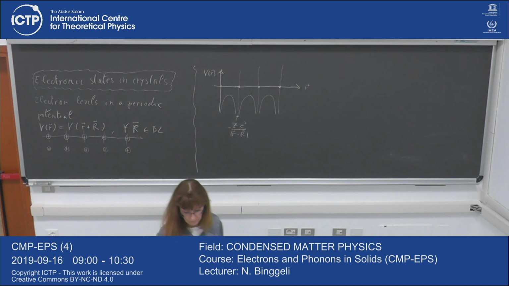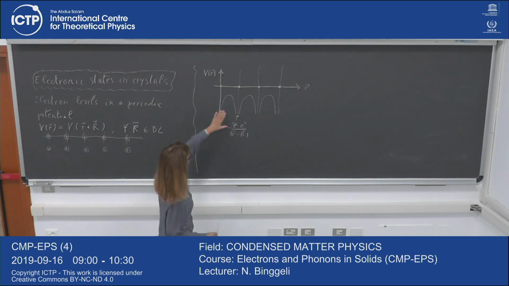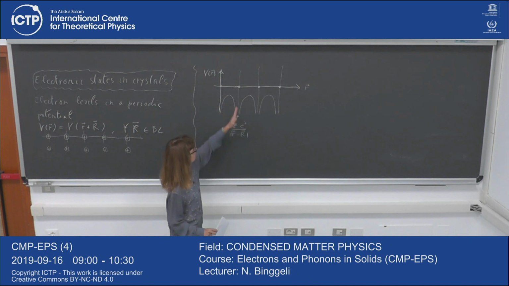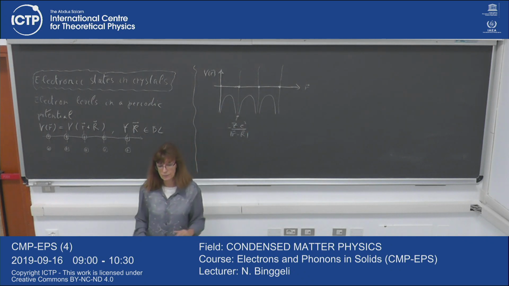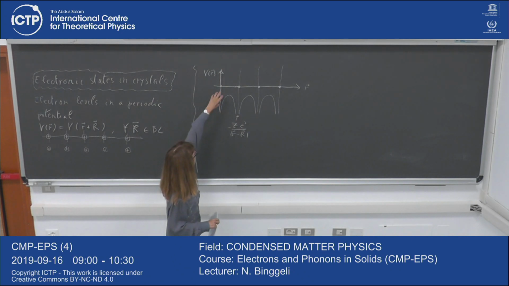Now, since I have in my crystal also electrons, I can expect that because of this strongly attractive potential at the position of each of the nuclei, the electrons are going to concentrate in this region.